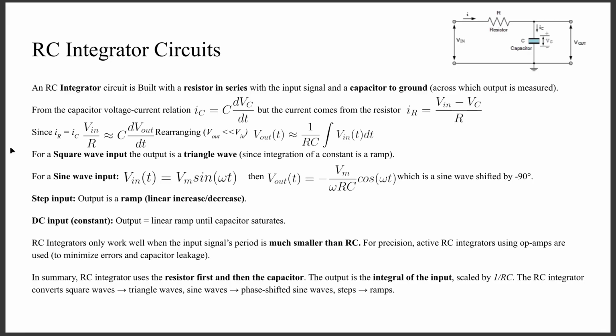Rearranging for Vout, when Vout is much, much less than Vin, Vout is approximately equal to 1 over RC times the integral of the input voltage with respect to time.